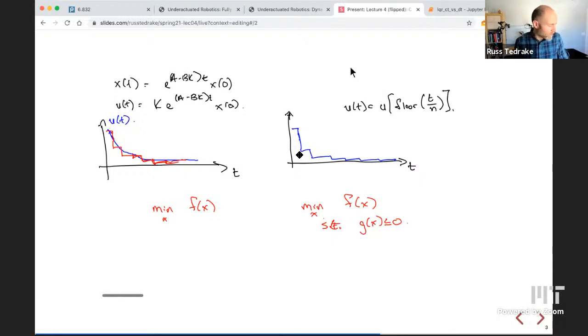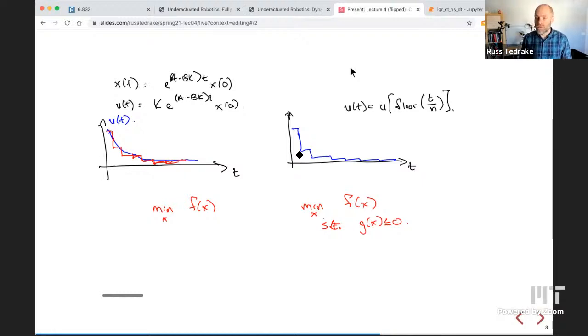The other half of your question, I think, was do you ever see something qualitatively different in discrete time than you would see in continuous time? Super good question. There are a couple things that are qualitatively different. Maybe the most interesting one right off the bat, even in these linear problems, is you can arrive at a place in finite time in discrete time.